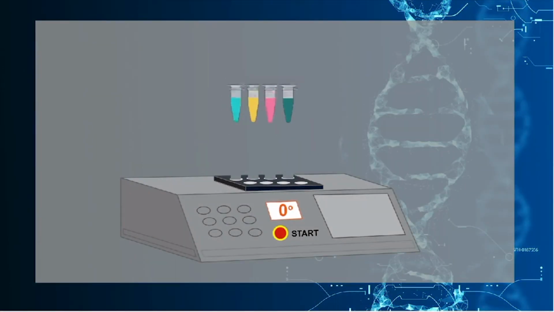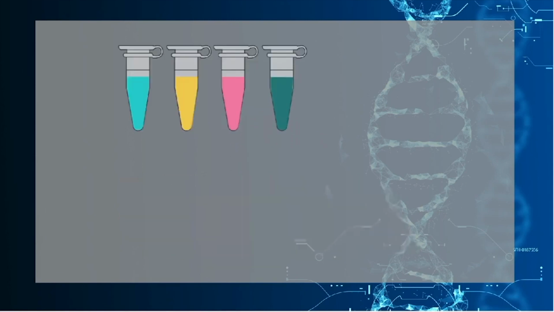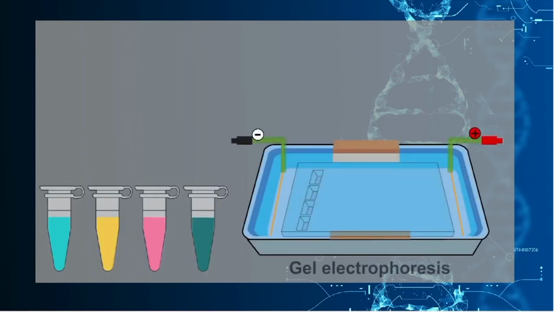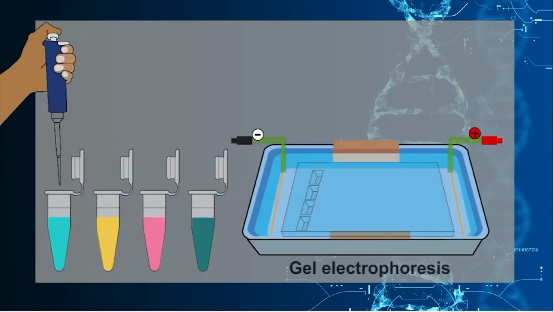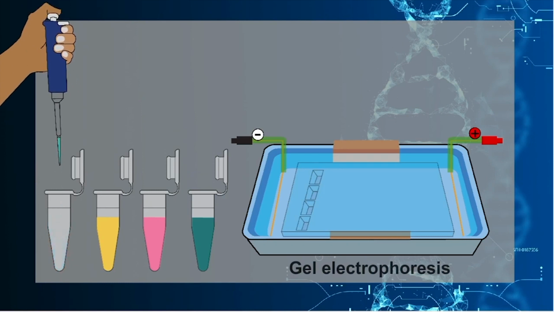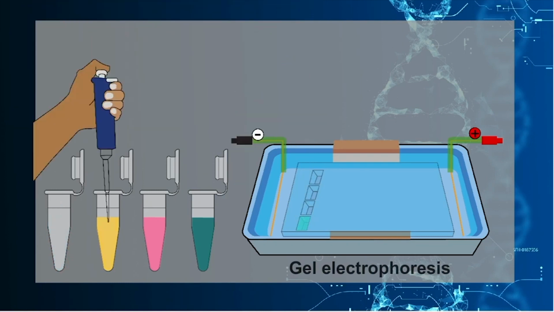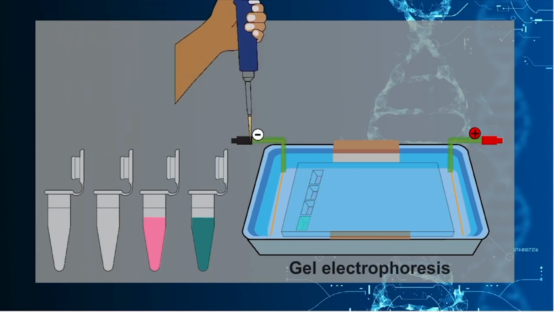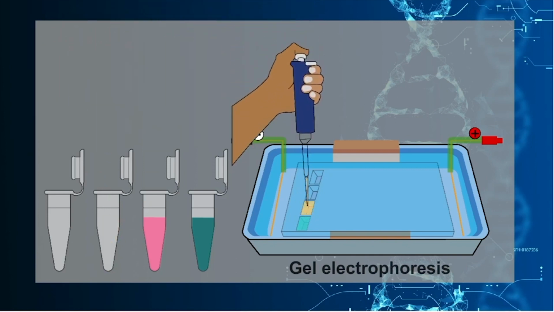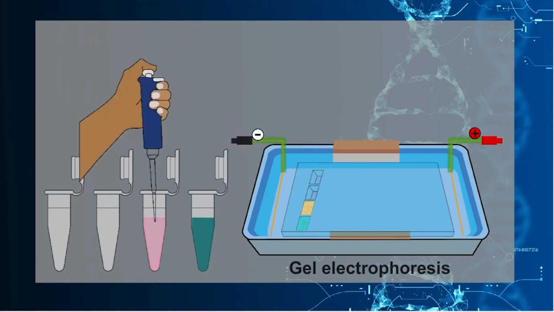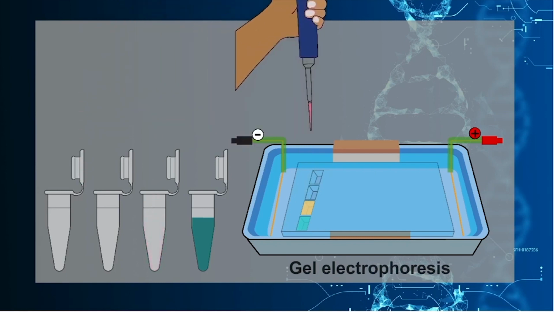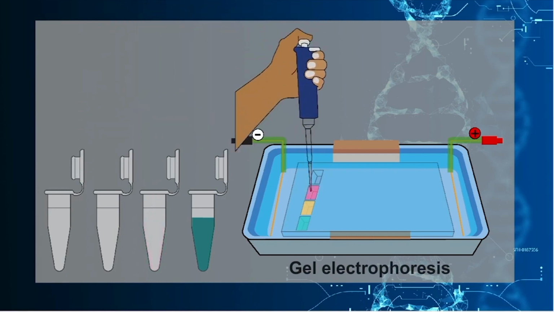Now what you have to do is take out these reactions from the thermal cyclers, and then resolve these samples onto the gel electrophoresis. So you have to take all the 4 reactions and load them into 4 different wells, and you know that the DNA is negatively charged, so it is actually going to resolve on the gel electrophoresis.